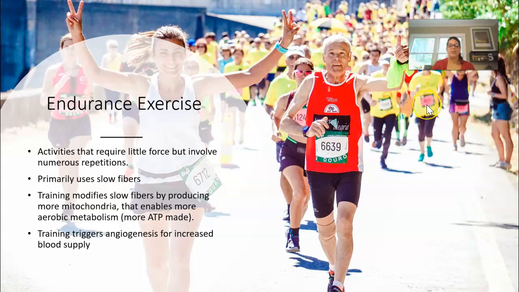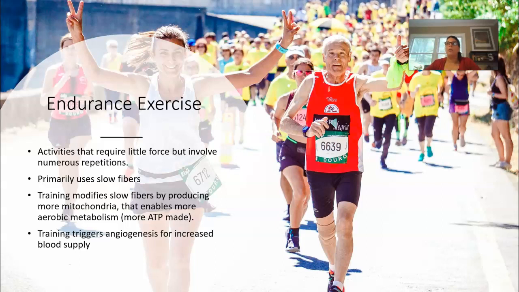So if we're looking at the two types of activities that we can do, endurance exercises versus resistance exercises, they're going to use these different types of muscle fibers. Now, all humans have all three types of fibers, but genetically, we have more of a certain kind of fiber than we do of another.